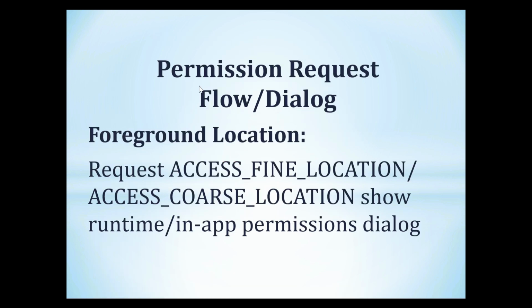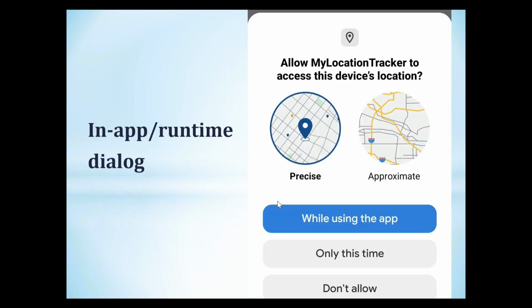Now coming towards permission request flow. These two permissions, fine location and coarse location, will show a runtime permission dialog within the application. So these two permissions will show this dialog for granting the permission.